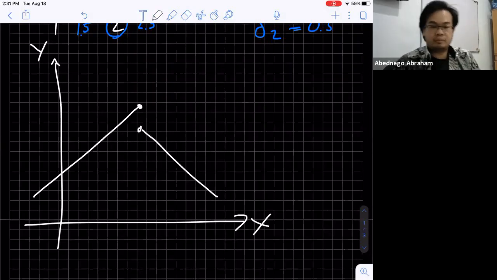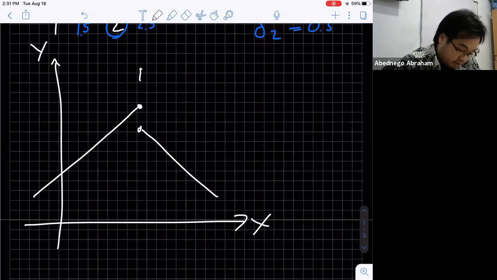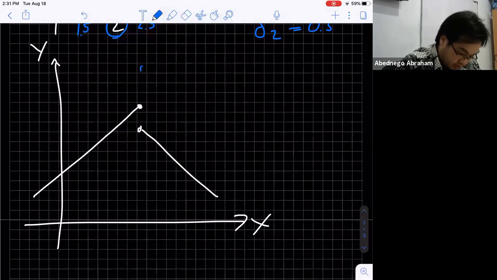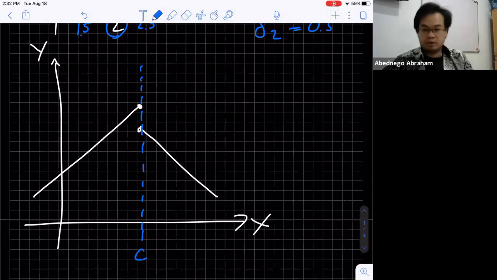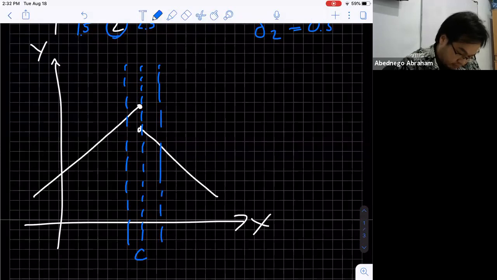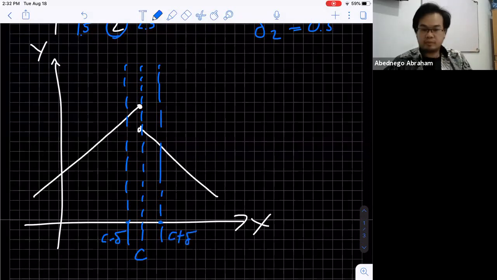If this is c, the point where we want to find the limit, and I have a delta, then this is c minus delta and this is c plus delta.